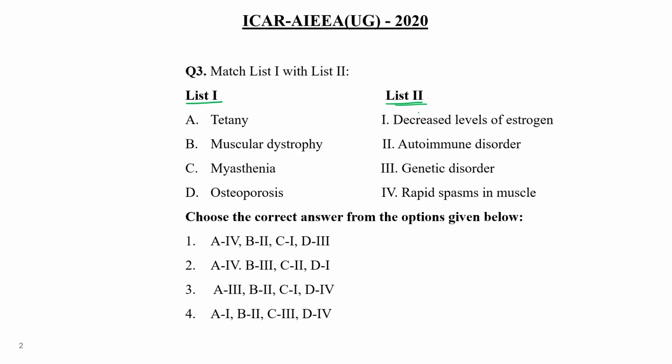Okay, so in list 1, A, tetany, then muscular dystrophy, then myasthenia, then osteoporosis are given, and in list 2, decreased level of estrogen, autoimmune disease, genetic disorder, and rapid spasm in muscle. So we have to correctly arrange it. Okay, so just take 5 to 10 seconds. After that, we will discuss the correct answer.